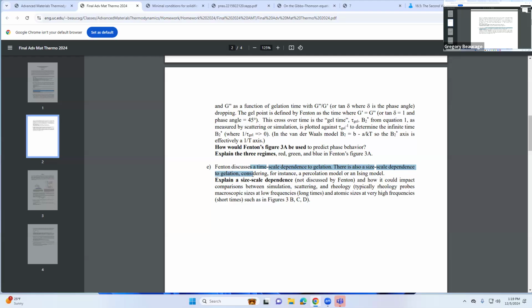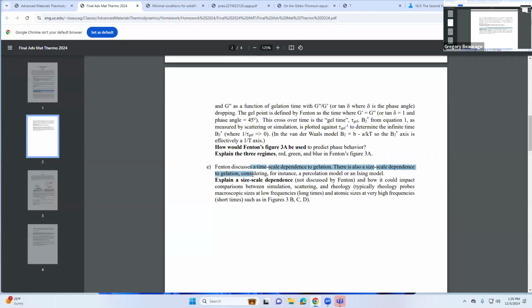He never talks about it, because he's doing Monte Carlo simulations. This simulation is going to be like 100 angstrom size, and his rheology is going to be 4 centimeters, something like 1,000,000 times bigger.